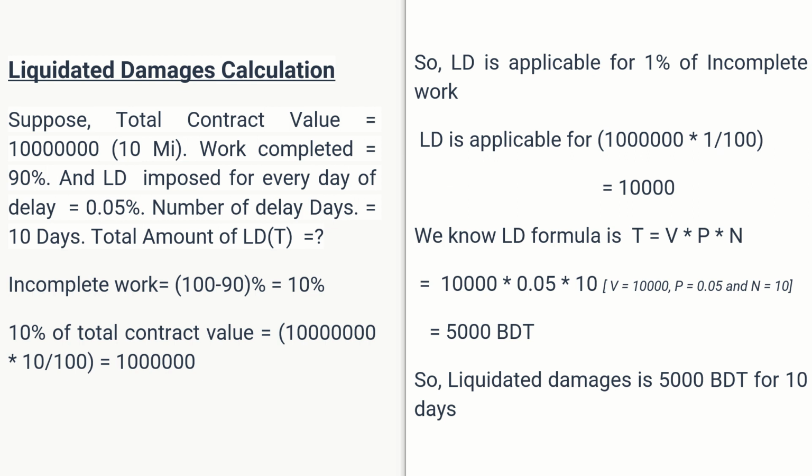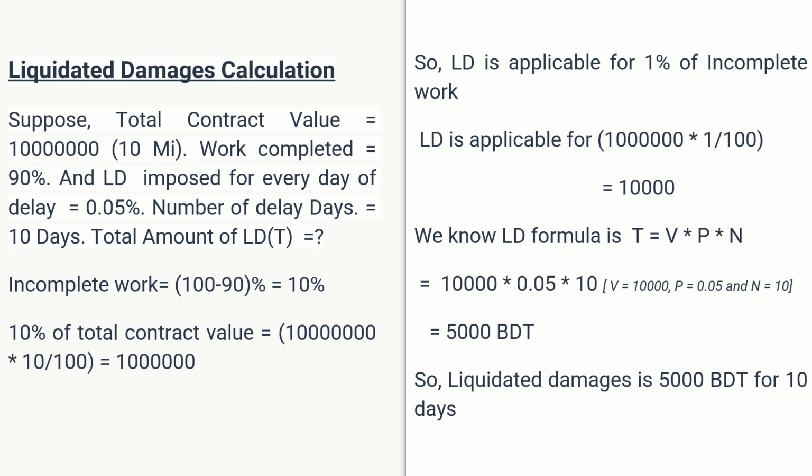At first, we have to find out the incomplete work and its contract value. We have seen that our completion is 90%, and total work is 100%, so we subtract 90% from 100% to understand the incomplete work.